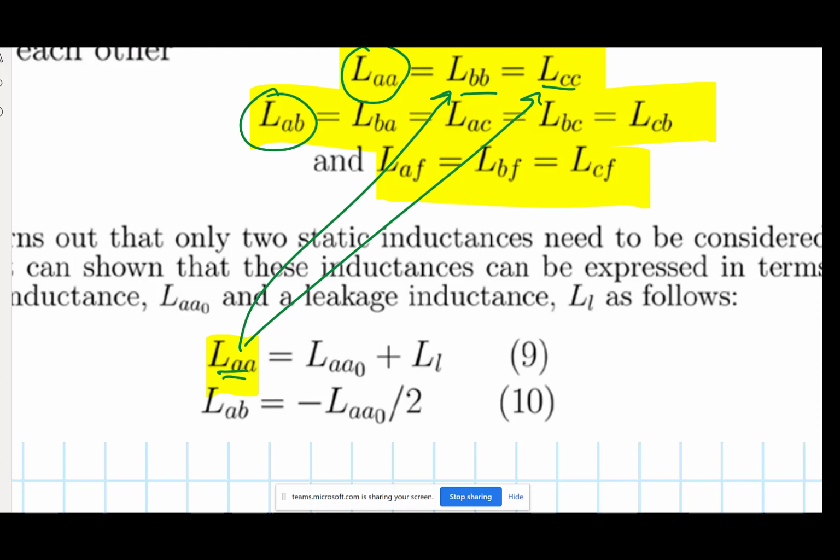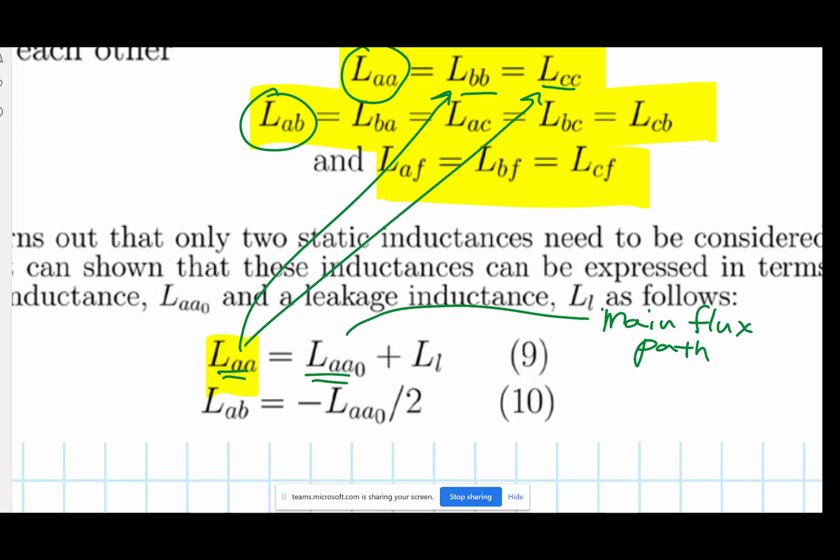It consists of an inductance that really comes from the gap and the main flux path, which is really what we're saying.